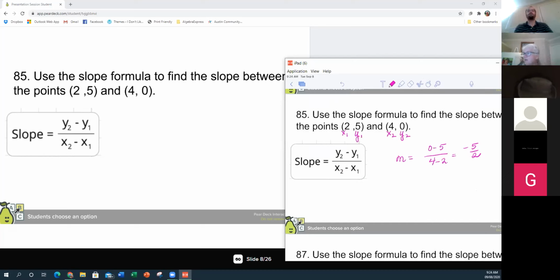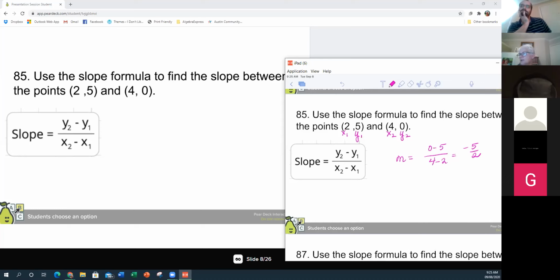It doesn't matter which point you call x1 and y1 and which one is 2. Just make sure you're consistent. So you would take y number 2, which is 0, minus y number 1, which is 5, and that would give us -5. And then x number 2, which is 4, minus x number 1, which is 2, and that would give us 2. So the solution should be -5/2.